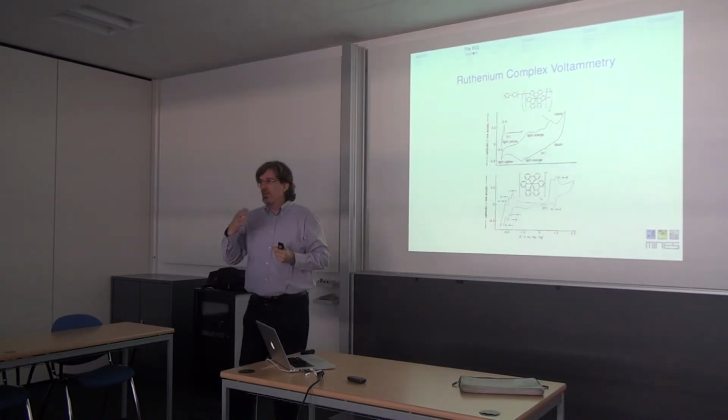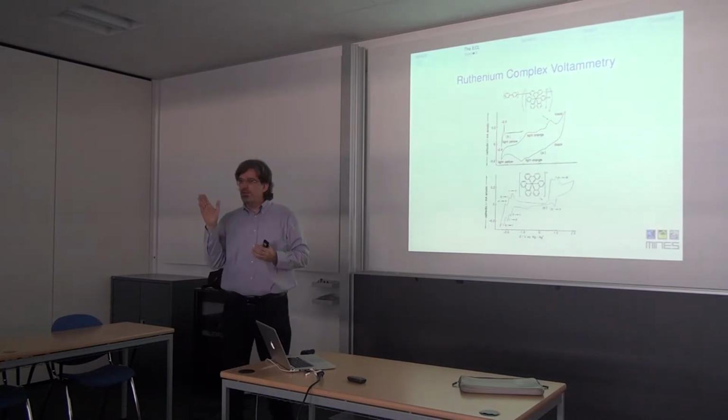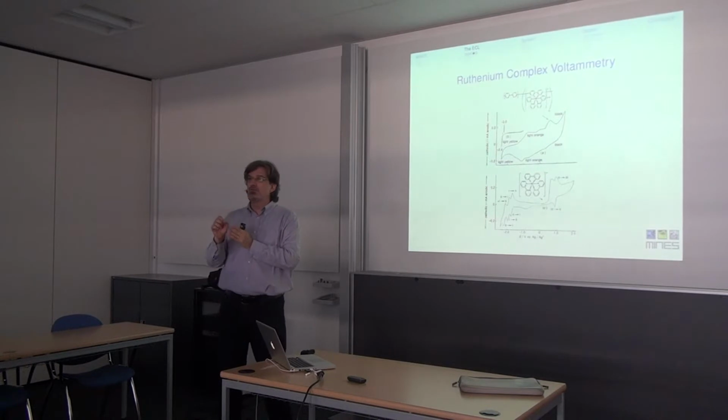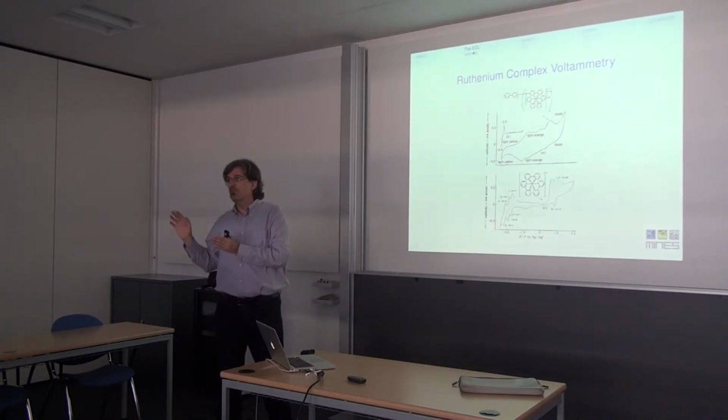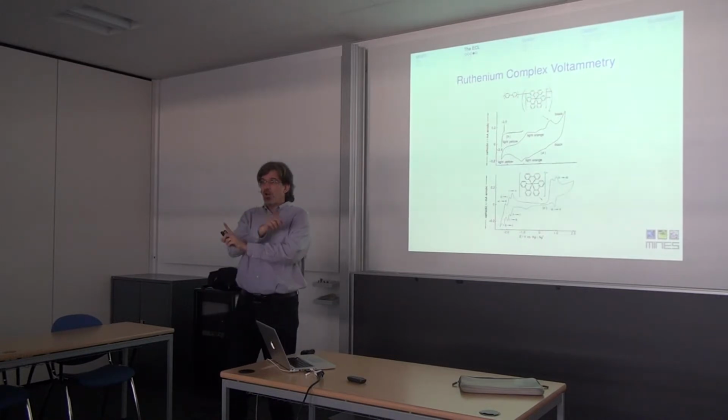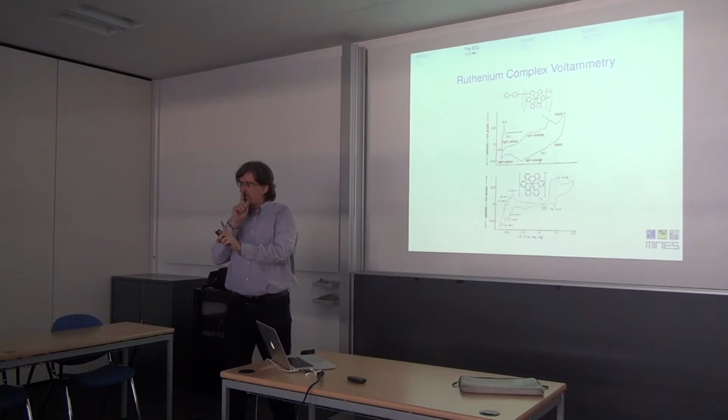So, the point is that in our system, every time I put a voltage of -0.8 volts, I have an emission of light. So it's periodic, remember this because it's one of the fundamental points we will exploit later.